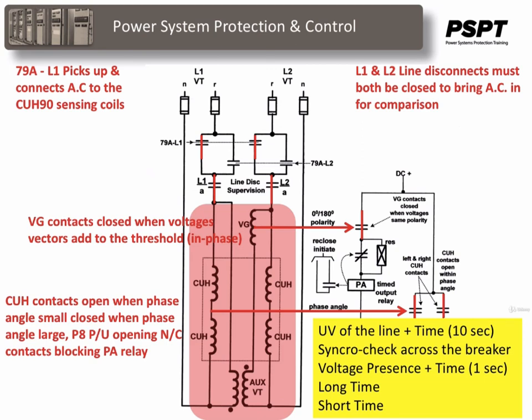What happens in order to give you the undervoltage of the line plus 10 seconds time delay, or a synchro check, or voltage presence plus time, and long time and short time? These functions are all dialed in after the fact, and they're provided by the DC circuitry and logic that the CUH90 would be feeding into.